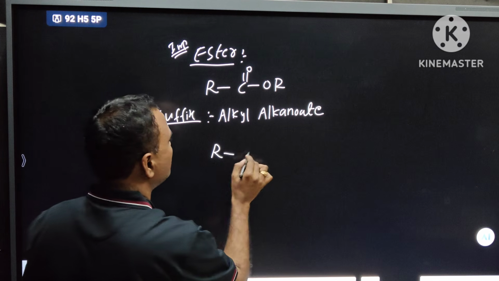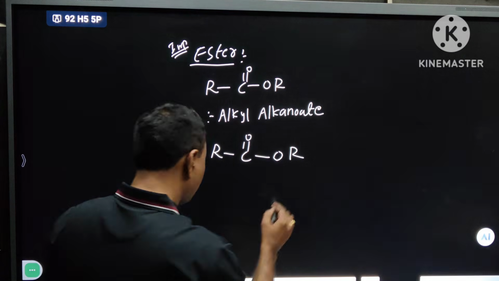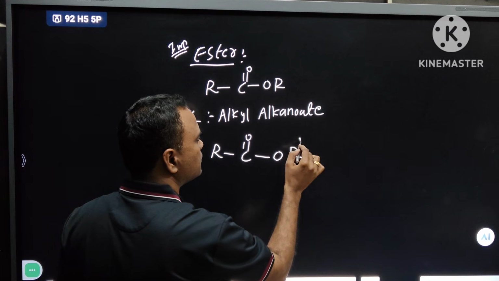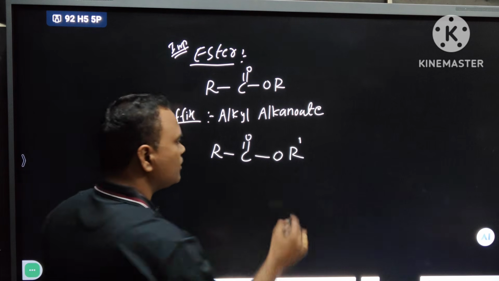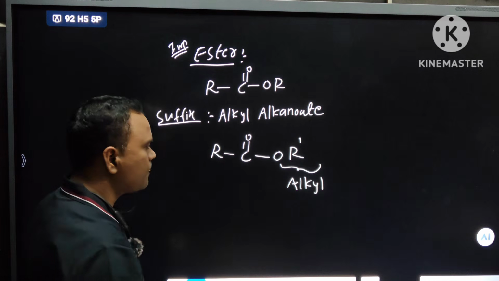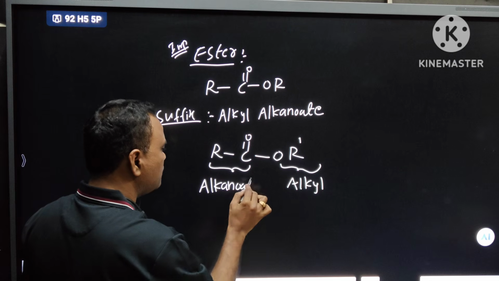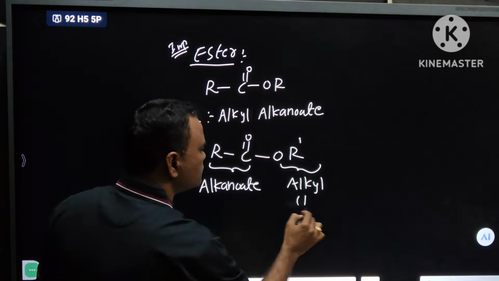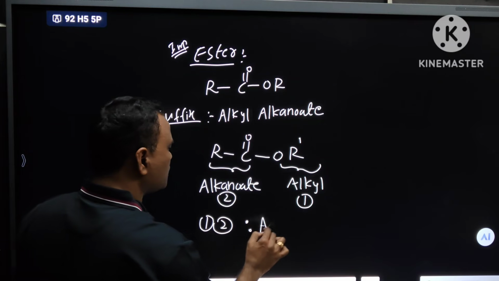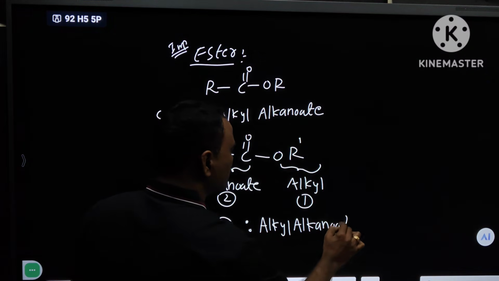See this, it is very easy if you follow this trick. The R group which is attached to the single bonded oxygen is the alkyl part, and the remaining part is the alkanoate part. First you have to mention this one, after that this one, in the sequence: alkyl, alkanoate.